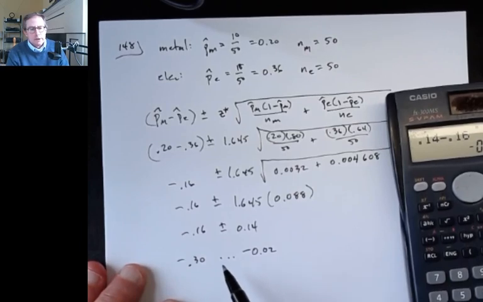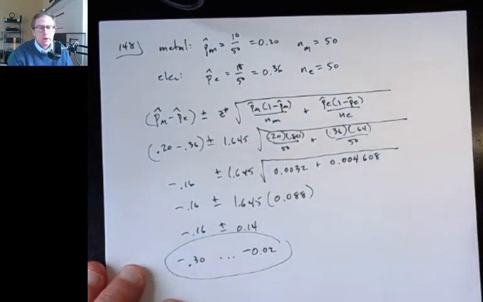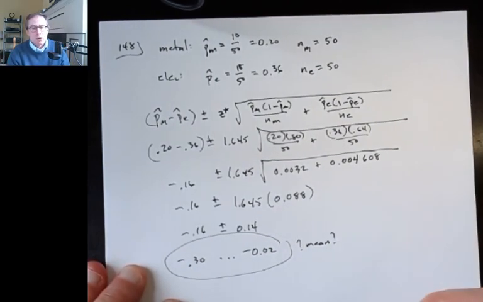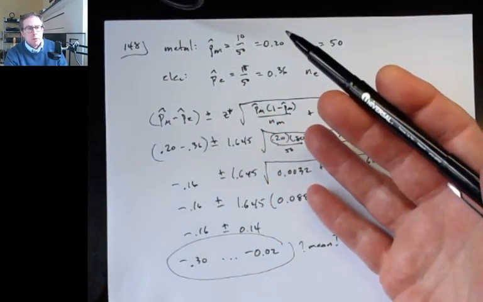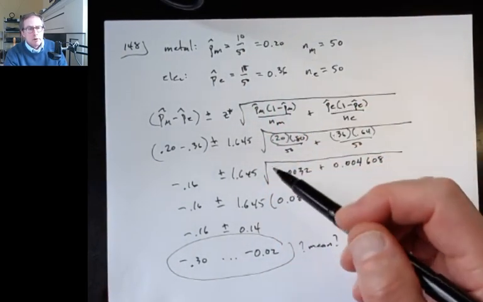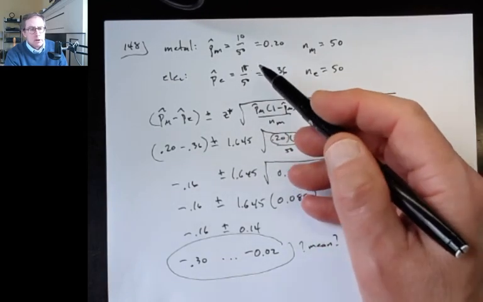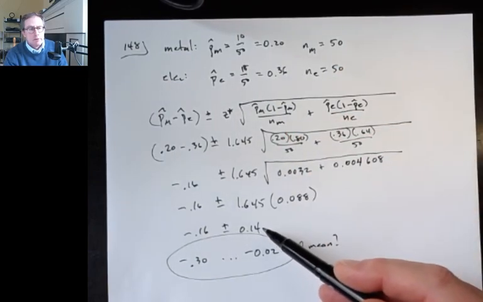So the question then is, what's in there? What does the interval mean? And as always with confidence intervals, we did a sample. We don't know where the census is. We think the sample is not perfectly right. We think it's close to right, but not perfectly right. How far off? This far off.